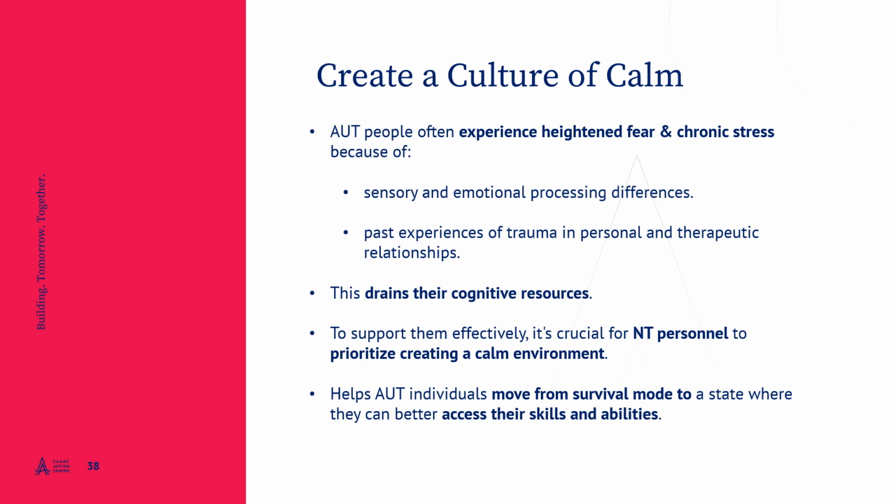This drains their cognitive resources, which means they don't have the mental energy or capacity to focus, think, and problem solve regarding other things. To support them effectively, it's crucial for neurotypical people to prioritize creating a calm environment. This will help autistic people move from their survival mode to a state where they can better access their skills and abilities to participate in routines and tasks.